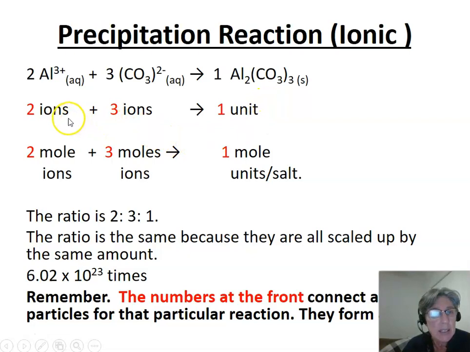So if I scaled this up, so I had 6.02 by 10 to the 23 times that, I'd get 2 moles. If I scaled this up, so I had 6.02 by 10 to the 23 times, I'd have 3 moles. So it's a 2 moles to 3 moles to 1 mole unit. So it's a 2 to 3 to 1 ratio.